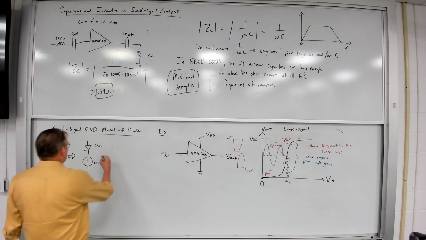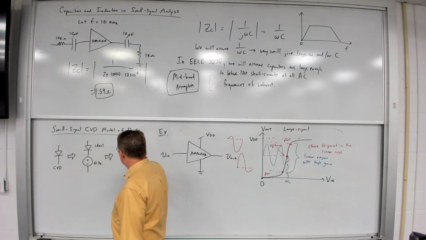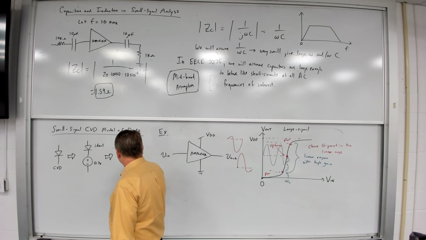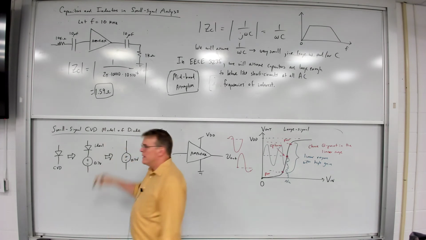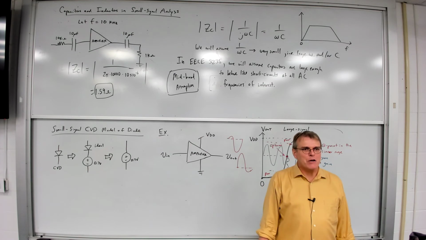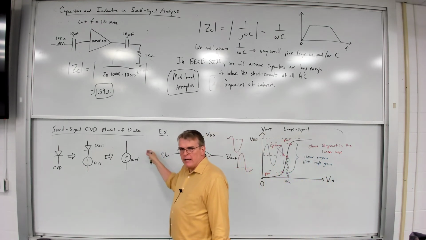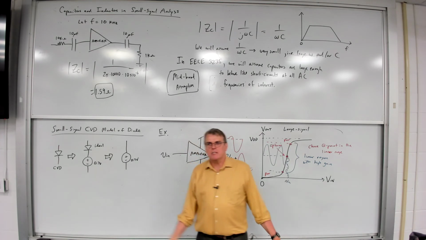And of course, if the ideal diode is on, then that ideal diode element just becomes a wire. So this is what I actually have this thing behaving like in a DC circuit. It just acts like a 0.7 volt source.